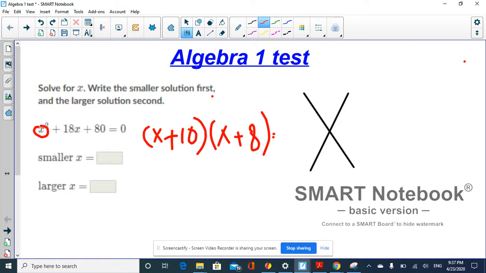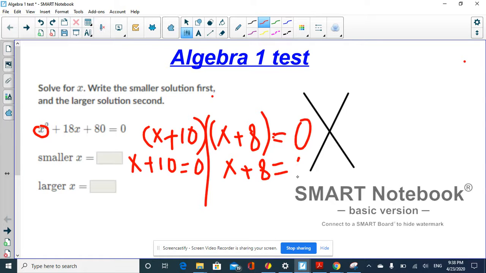Two factors, if you multiply together, give you 0. That means the first, x plus 10 equals 0, or the second, x plus 8 equals 0. You have two linear equations. Solve for x.